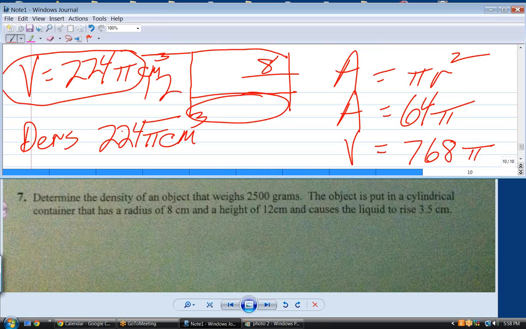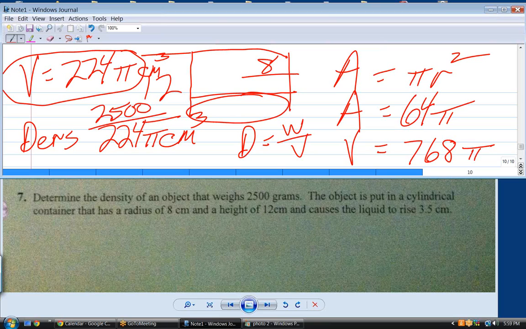Density is weight divided by volume. Nice of them to give you that. I mean, this is a physics problem. This isn't a geometry problem. But density is weight divided by volume. So it's going to be 2,500 divided by 224 pi is going to be your density.